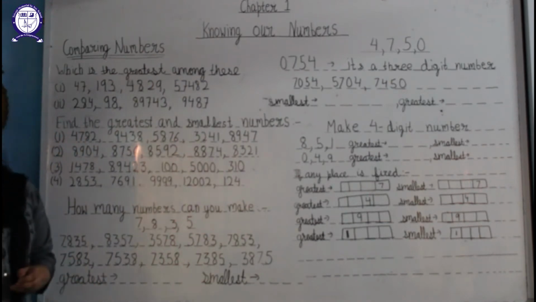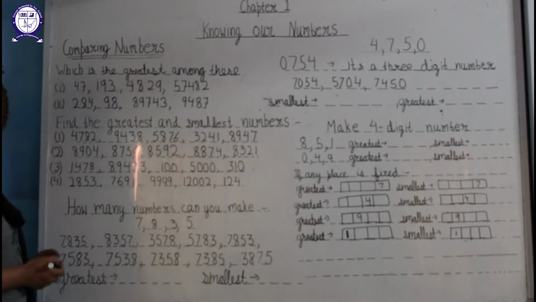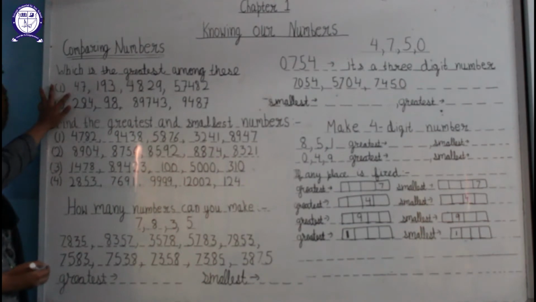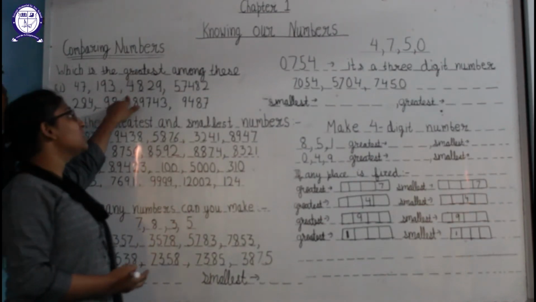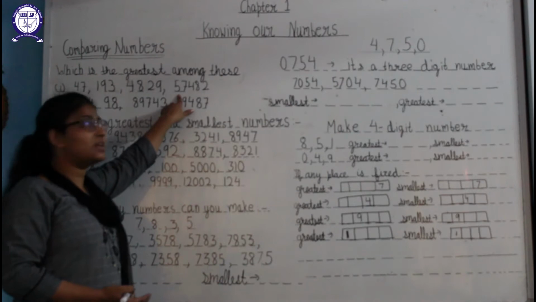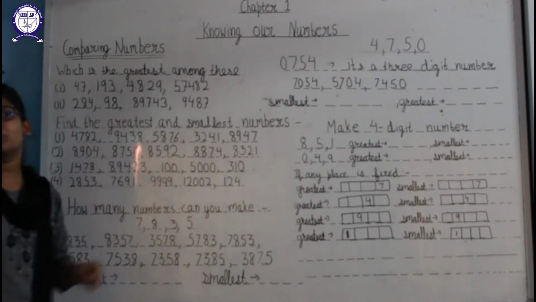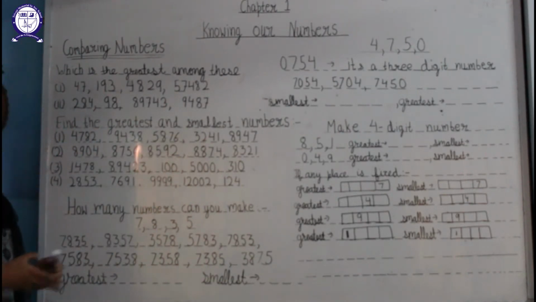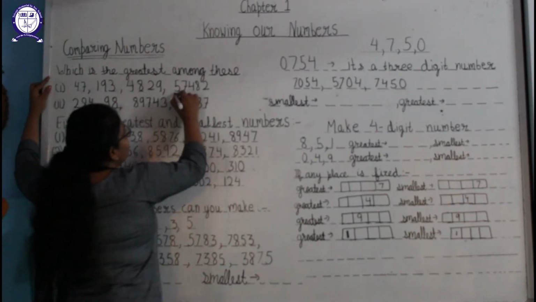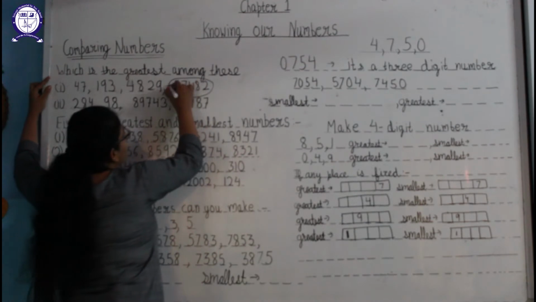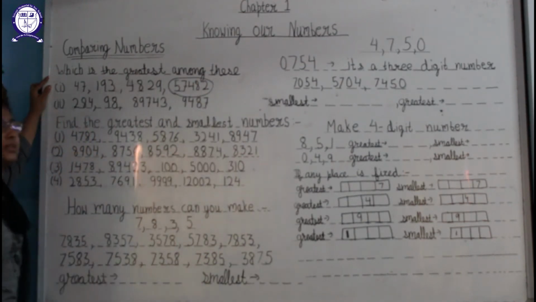You can easily tell which number is greater by counting the digits. 47 is a 2-digit number, 193 is 3-digit, 4,829 is 4-digit, and 57,482 is a 5-digit number. The greater the number of digits, the greater the number. So in the first part, we can easily say that 57,482 is the greatest number.